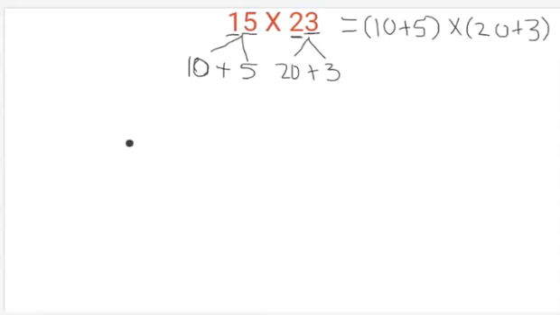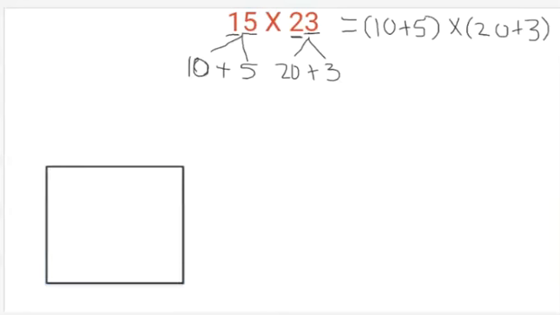And now that we have our numbers, we are going to create a square for our area model. Now when I'm creating my square, I decomposed 15 and 23 into 4 different numbers.